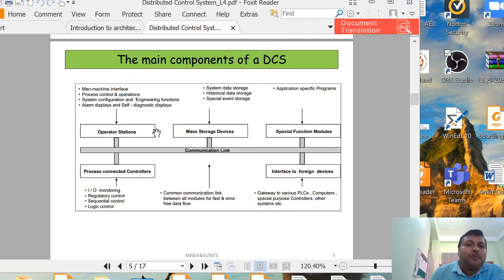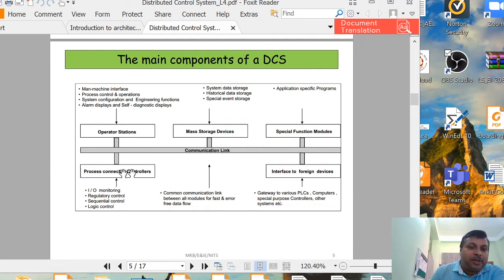What is the use of the operator station? Man machine interface, process control and operation, system configuration and engineering functions, alarm displays and self diagnostic displays. Another component is the mass storage devices, used for system data storage, historical data storage and special event storage. Another module is the special function modules, used to execute application specific programs.